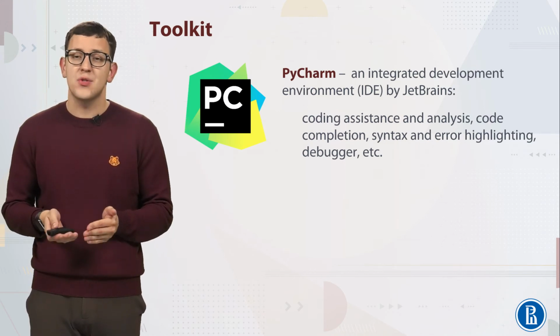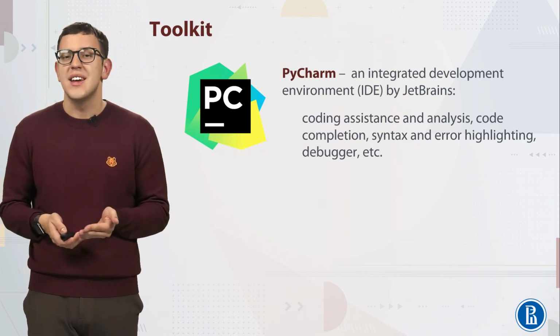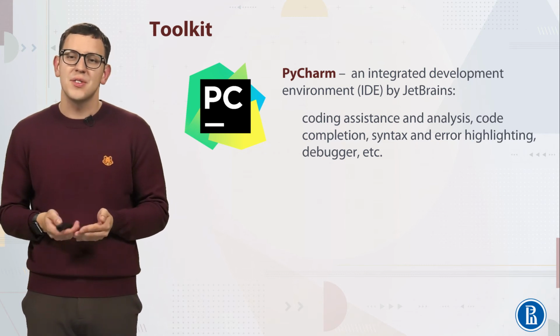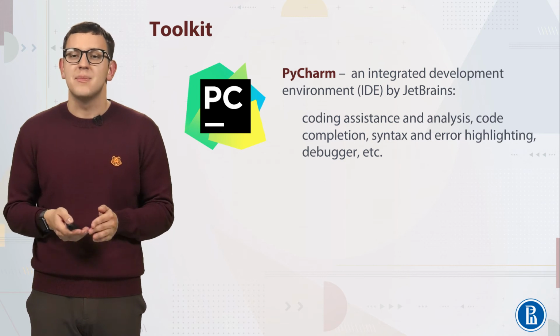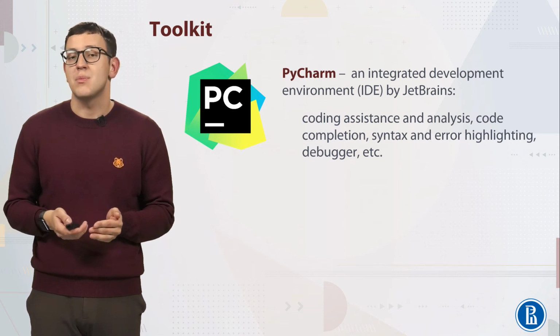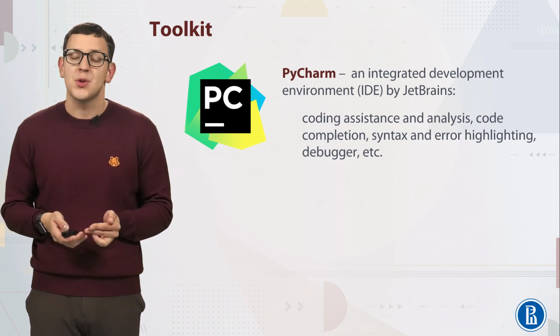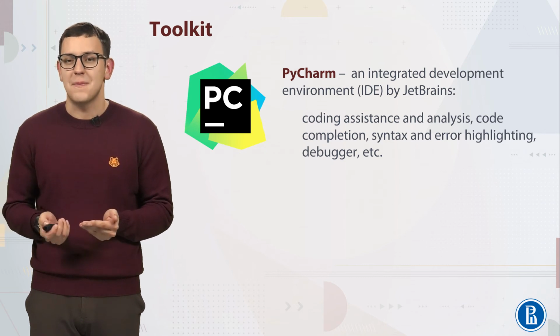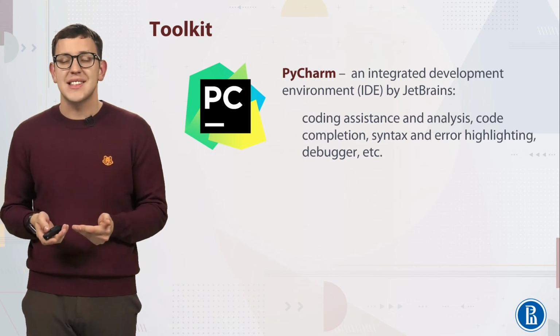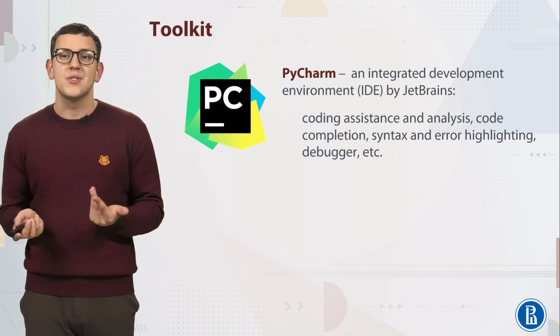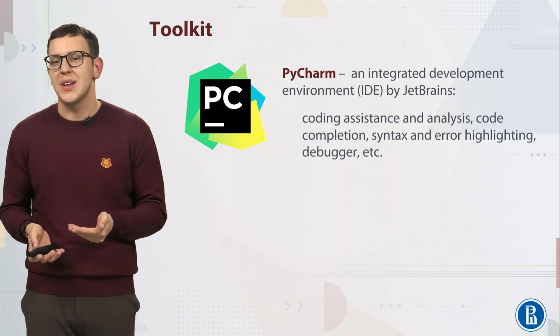There are two main instruments which will be used in this course in order to succeed. So first of all, we will use PyCharm. PyCharm is an integrated development environment developed by JetBrains, which is a Czech software development company. In PyCharm, you can use such instruments as coding assistance and analysis in order to see whether your code is organized well or not.